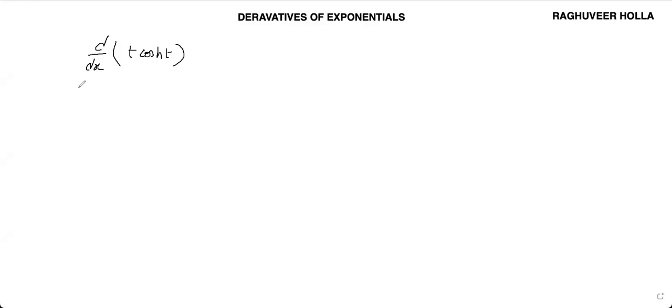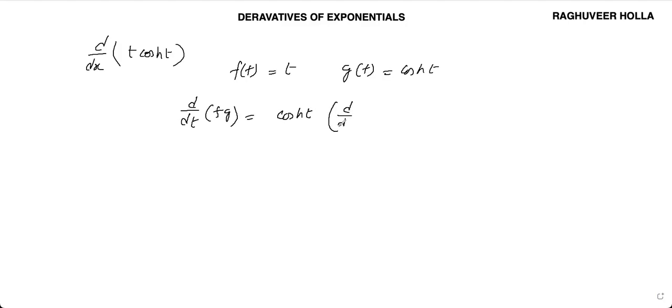So let us solve this. Now f of t is t, and g of t will be cos ht. We'll apply the product rule here. So d by dt of f into g is cos ht d by dt of t plus t d by dt of cos ht.